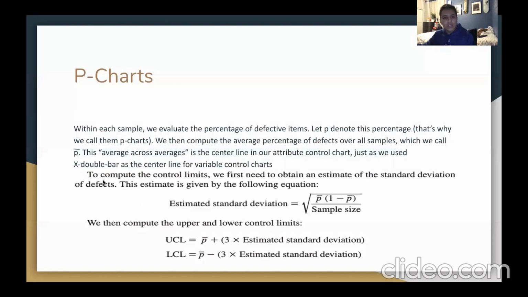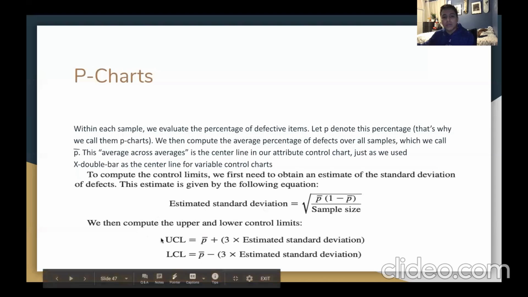So to compute the control limits, we first need to find our estimated standard deviation. We find this by taking the square root of p times 1 minus p, over the sample size. This will give us the estimated standard deviation.